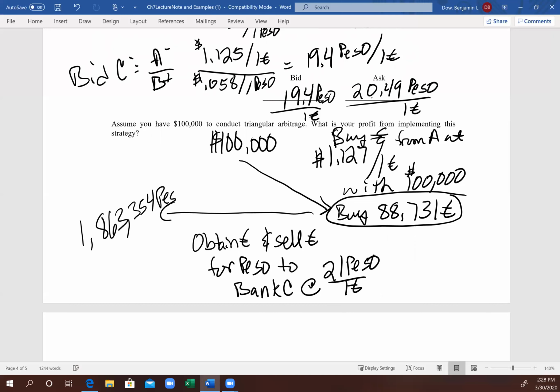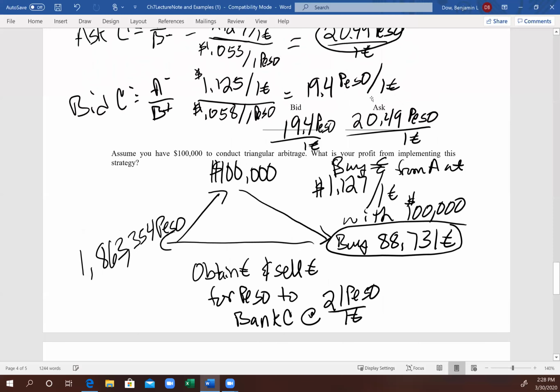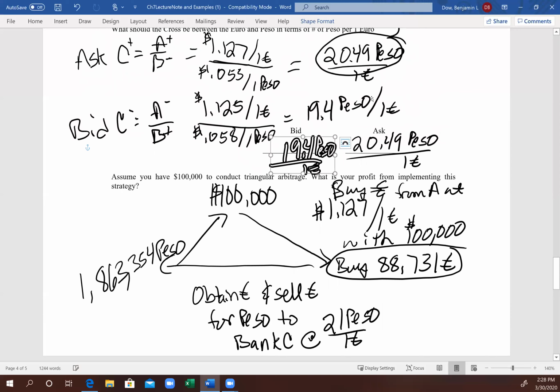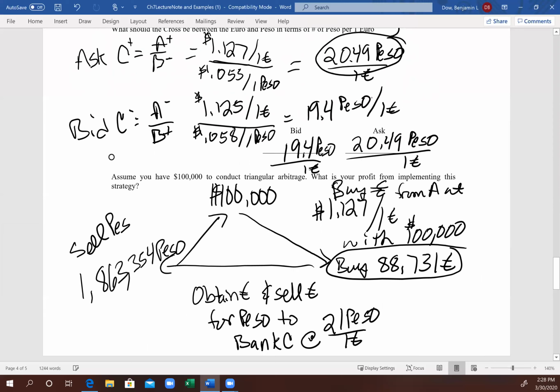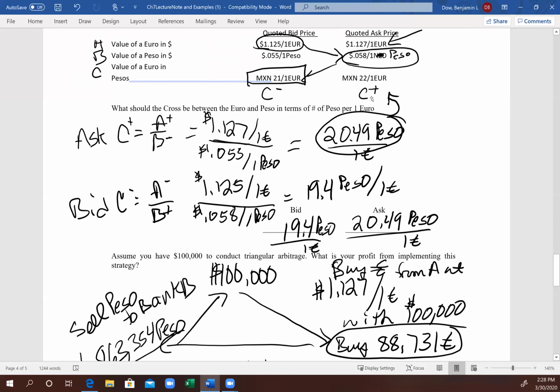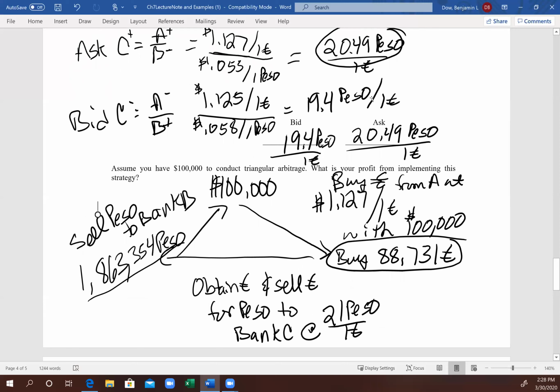Now I close out my triangle. If I have all these pesos, which is more than I should have, now I will sell the pesos to Bank B. And Bank B, remember, is willing to give me $0.055 for each peso.